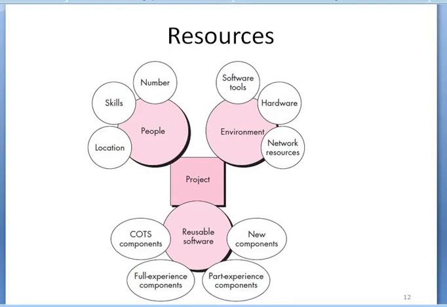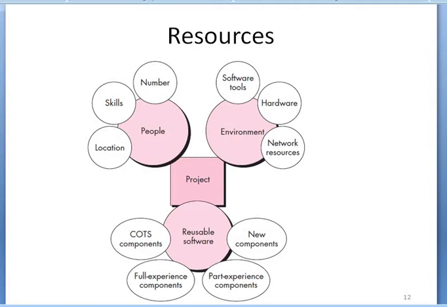So here, for small projects, a single individual may perform all software engineering tasks. For that, consulting with specialists is required. But for large projects, the software team may be geographically dispersed across a number of different locations. So the location of each human resource is specified.